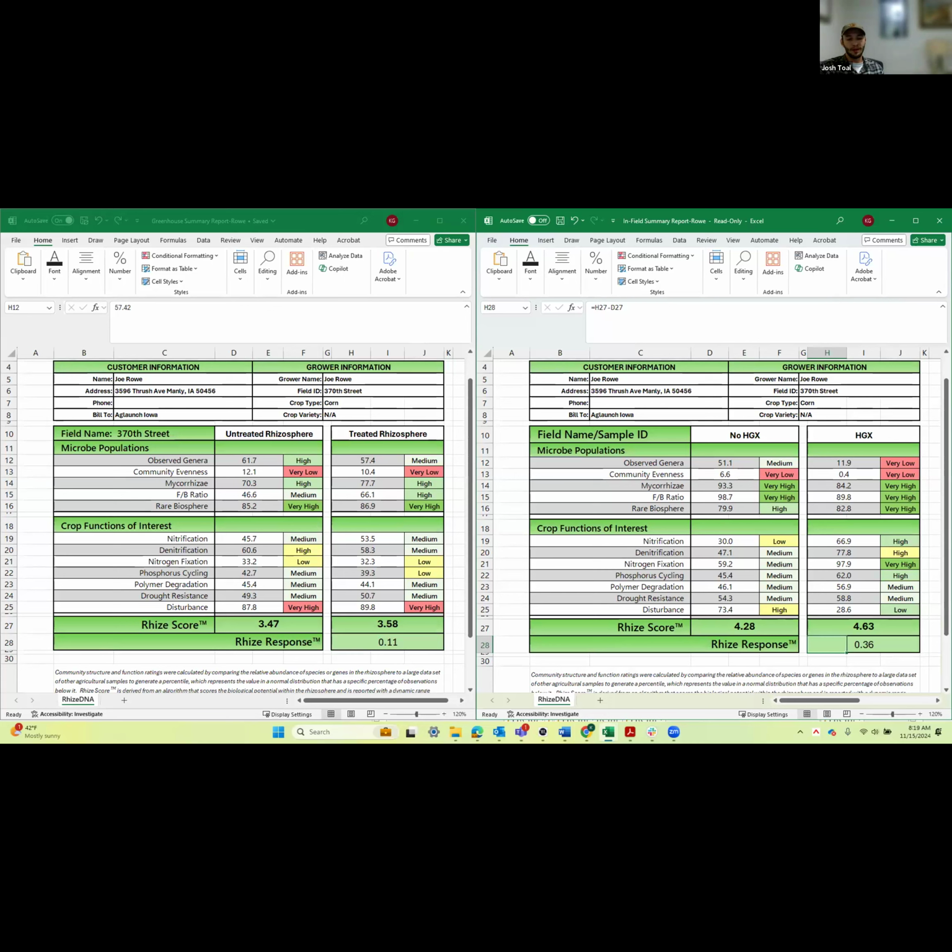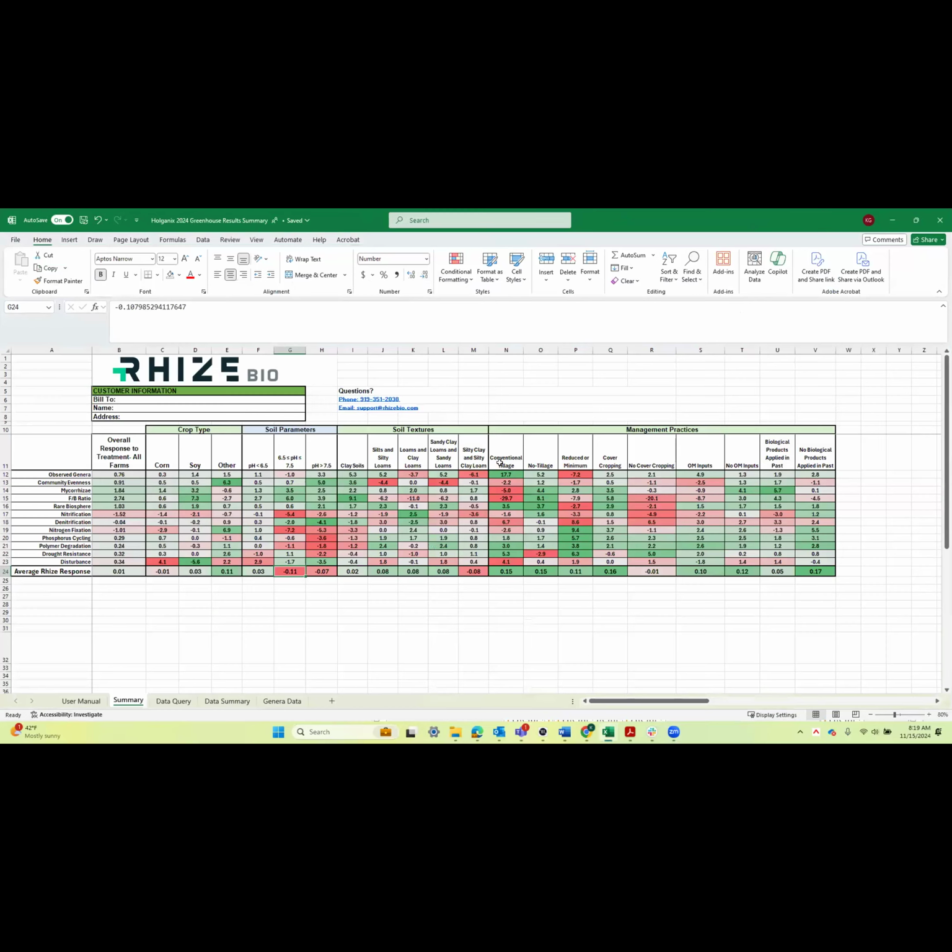And so we're hoping to continue to get yield data back so that we can see that trend continue as we're getting this information. Do you want to jump in, Keenan, into some of the summary data that we have? Sure thing.